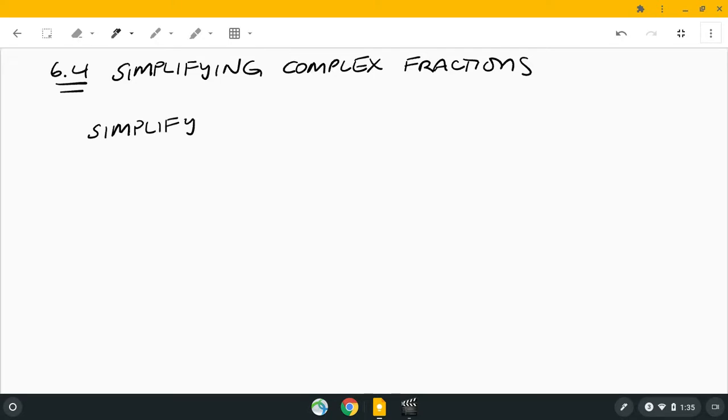We'll take a look at two different methods. You might have something like this expression here, and then you also have this one down here. This is called a complex fraction when you see fractions within a bigger fraction.